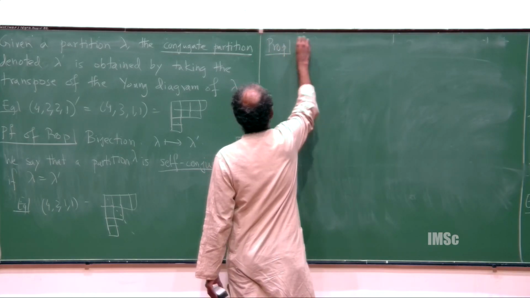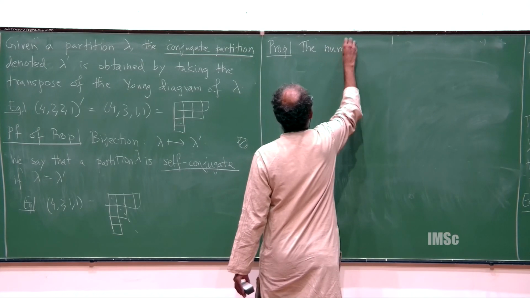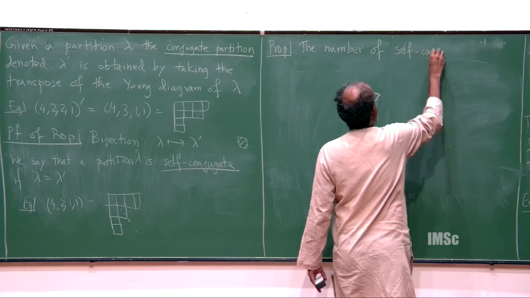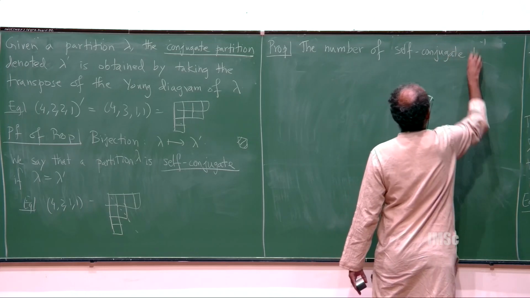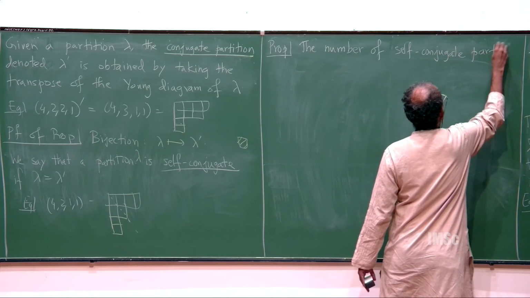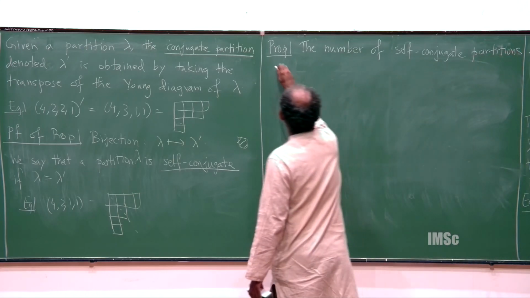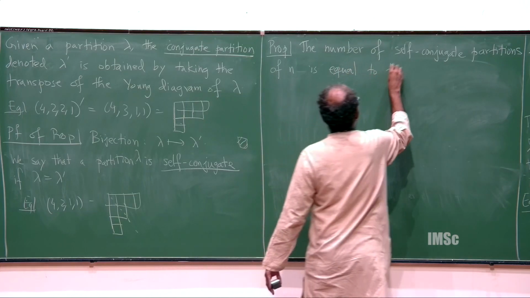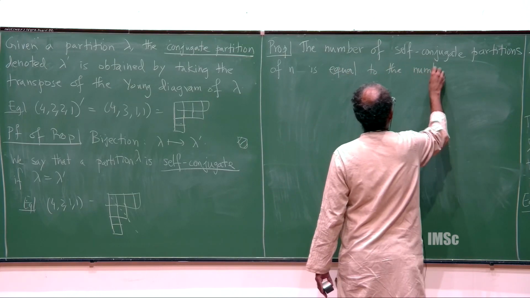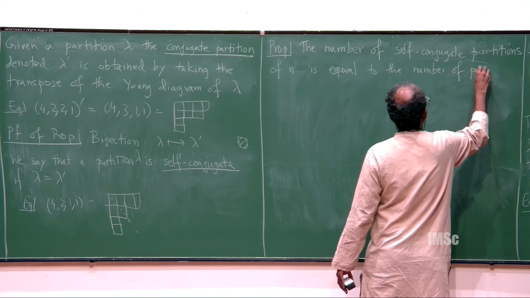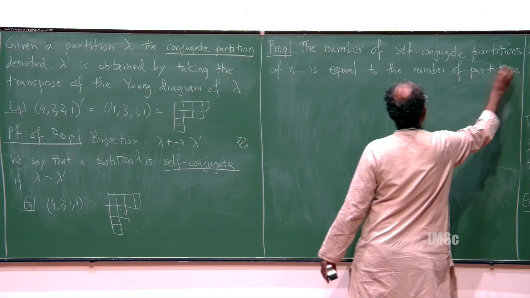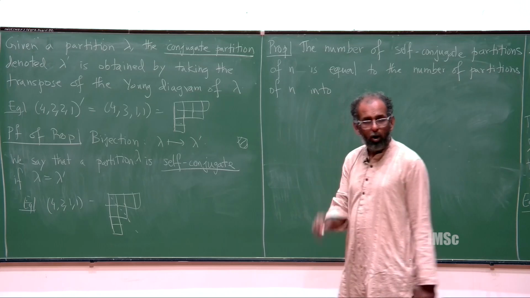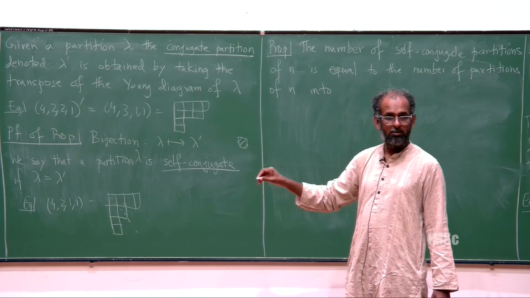Proposition. The number of self-conjugate partitions of n is equal to the number of partitions of n into odd distinct parts.